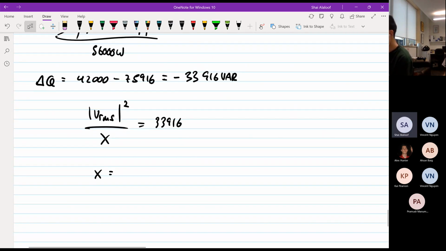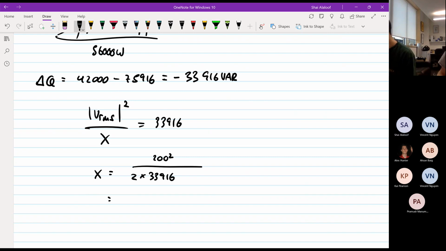So 200 on root 2 squared gives me 200 squared on 2 times 33,916. If you mash all those numbers on your calculator, that should give you 0.5896. It's about 0.59.